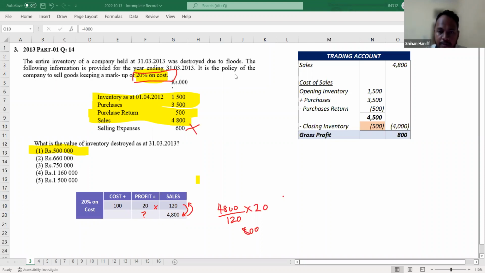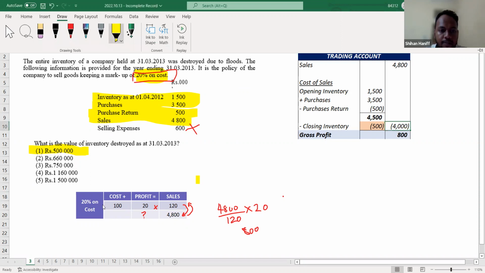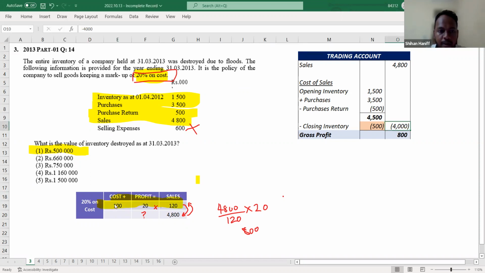So let's do the gross profit again. Gross profit, we have to use this formula. Now they say on cost 20%. Then if the cost is 100, profit is 20, so selling price is 120. If the cost of sales is 100, they will keep a 20% margin on the cost and selling price is 120.